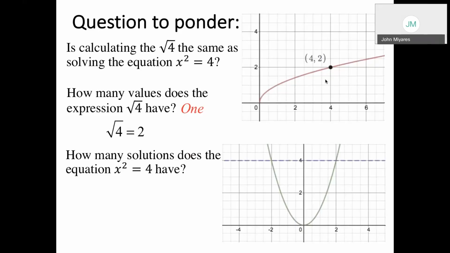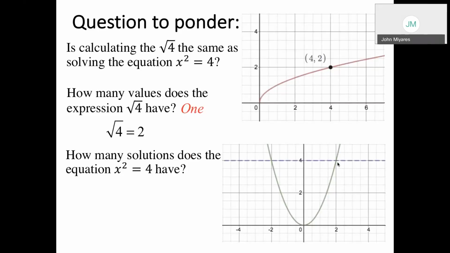The golden rule of graphing, which I've touted many times before, says that every point on the graph of an equation is a solution to the equation. So every point on the parabola is a solution to the equation y equals x squared, whether it's 0 squared equals 0, 1 squared is 1, 2 squared is 4, and so on.